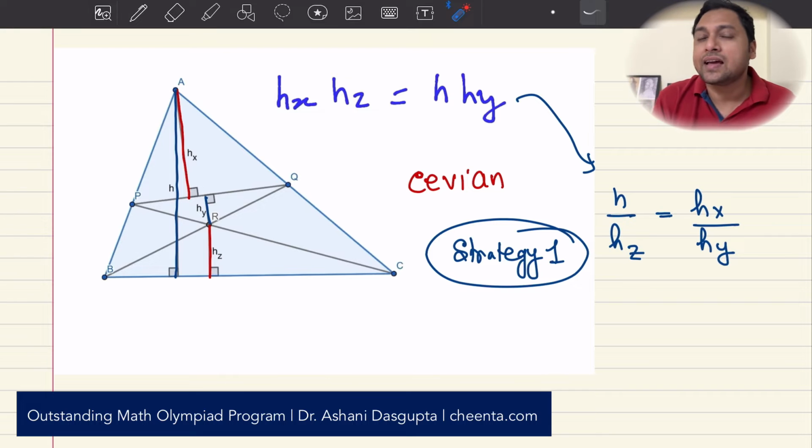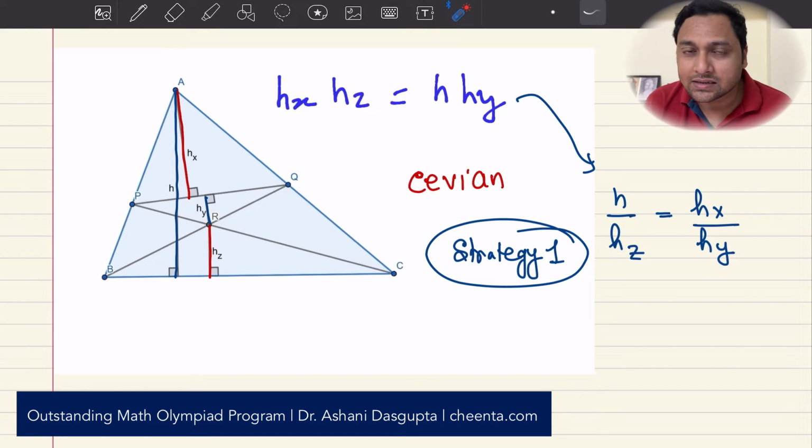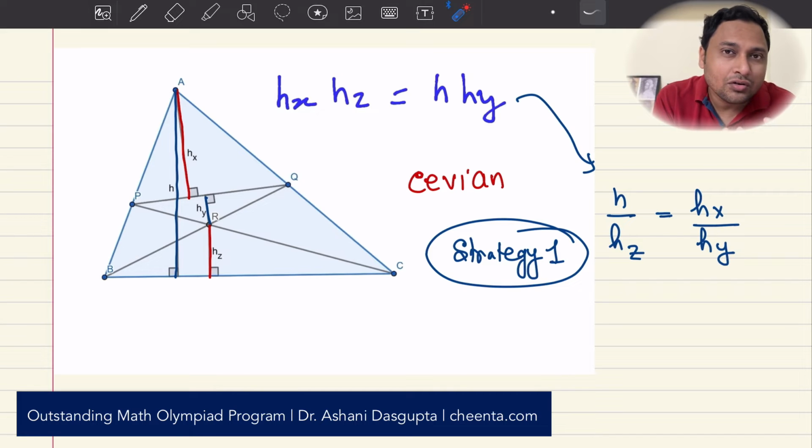The second thing, and probably more important, is that whenever you see a ratio of lengths, in many of those situations, it helps to convert it into a ratio of areas. So you go one dimension up.